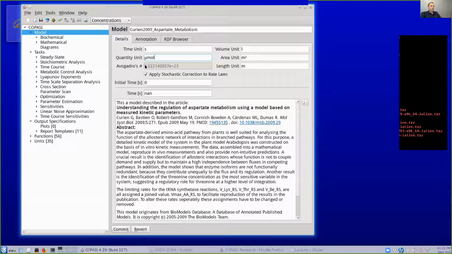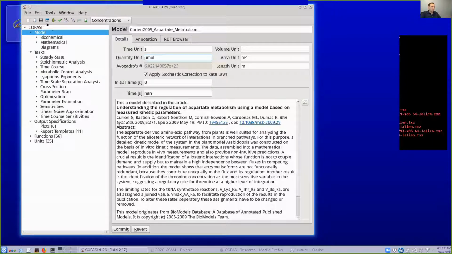That is quite important because Avogadro's number is how we convert moles into particle numbers, and COPASI actually does all of the calculations in particle numbers. So internally, everything is converted to particle numbers. This thing about stochastic correction, you can ignore it. We'll talk about it tomorrow or the next day when we talk about stochastic simulations.